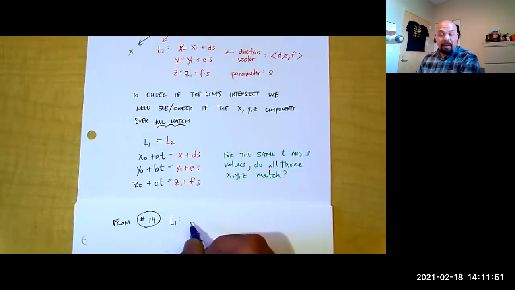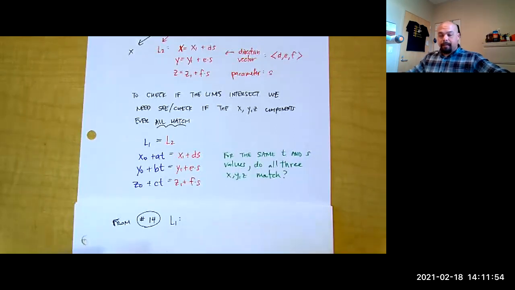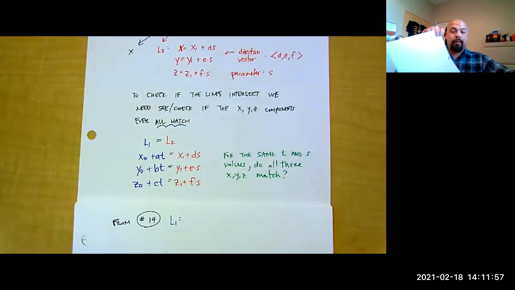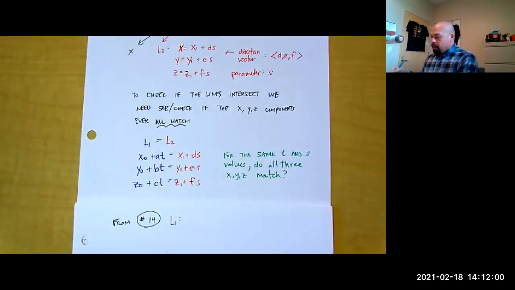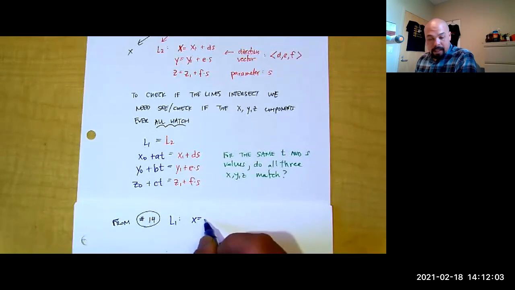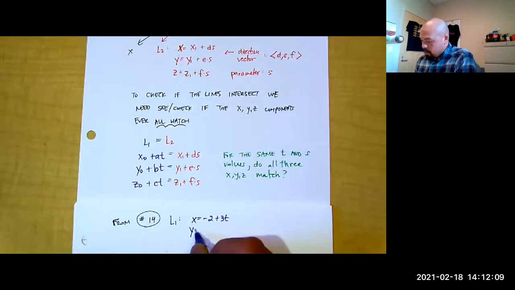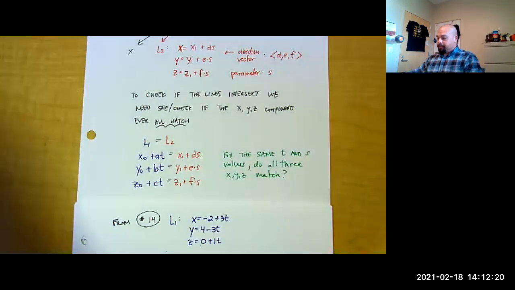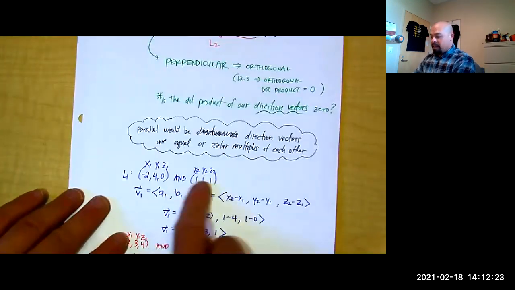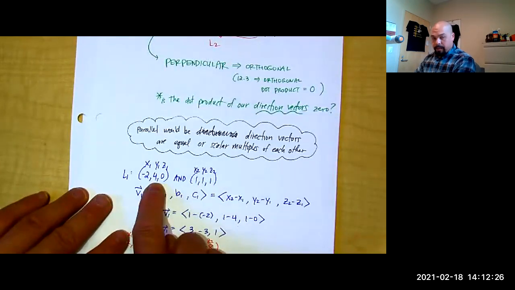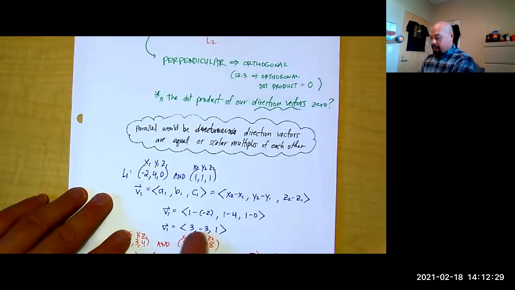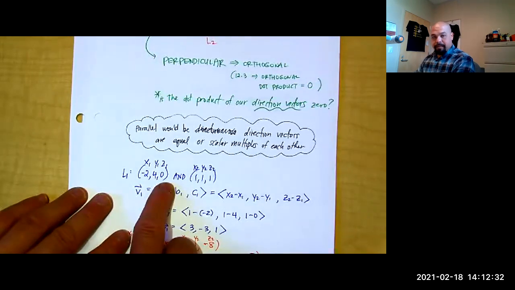that line, I know we didn't write it, we found our direction vector. We had our point, or a point, but we can look at here: x is going to be -2 plus 3t. y is going to be 4 minus 3t. z is going to be 0 plus 1t. So from one initial point, and you could have done the same thing with this point, that direction vector, A, B, C, x naught, y naught, z naught.